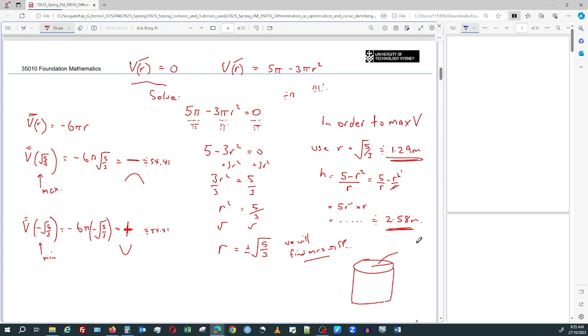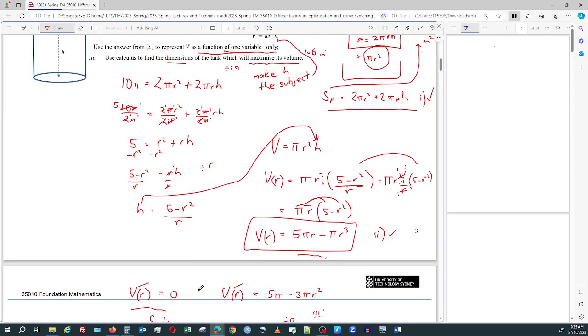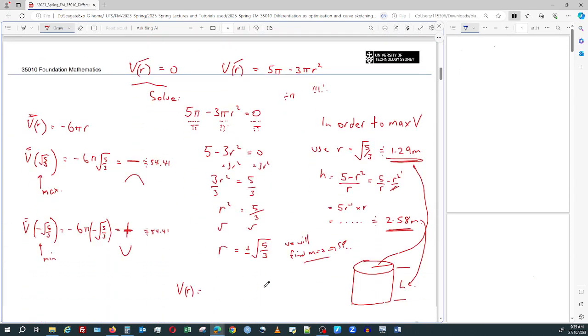So r would be this one, and the height would be this one. Okay. Now, of course, we can check the volume. It didn't ask for the volume, but we could then put the volume in and compute that in the regular way. So we could do it either way, either with r, or we could use the V(r) function that we resolved in terms of r. So what was that? 5 pi r minus pi r cubed.